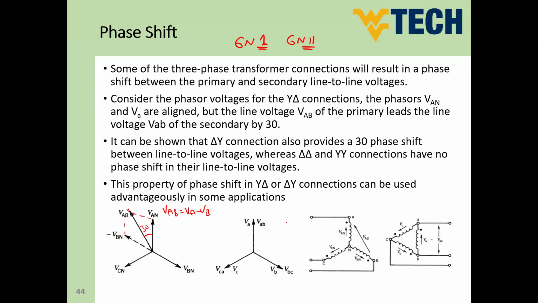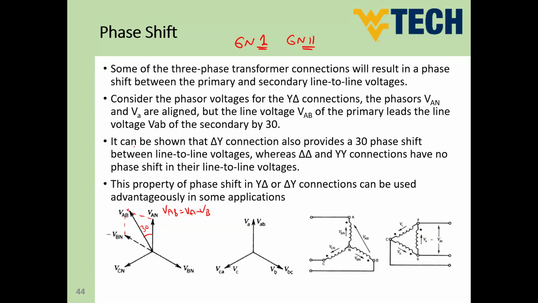However, for the secondary winding, VAB and VAN are still in phase because this is delta connection, so the phase and line voltages are the same. So in this transformer, the primary is leading the secondary volt by 30 degrees. This is for the coupling volt, guys, not for the phase. So for the coupling volt or the line-to-line volt, the primary is leading the secondary by 30 degrees.